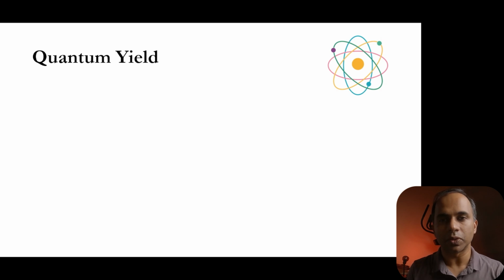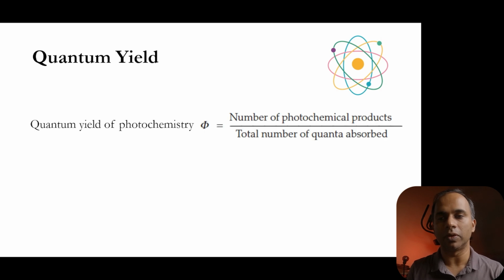If someone asks you what is quantum yield, basically we are going to tell them that, specifically when we talk about photochemistry, the quantum yield of photochemistry is the number of photochemical products produced as a result of the energy, or the quanta, that was absorbed by our photosynthetic apparatus.